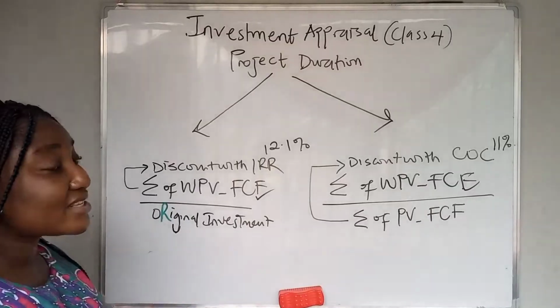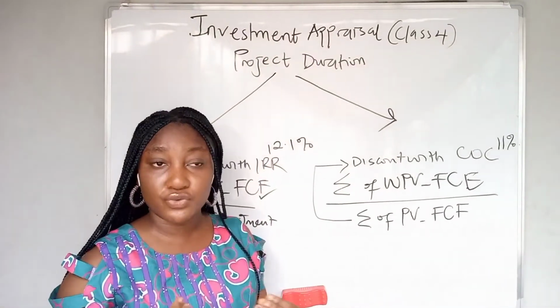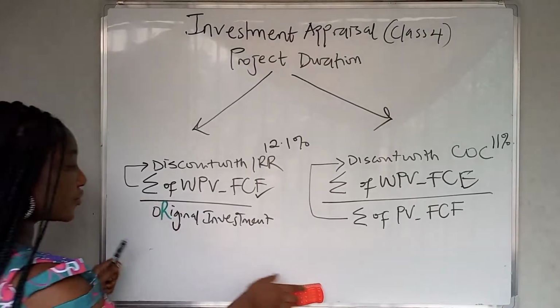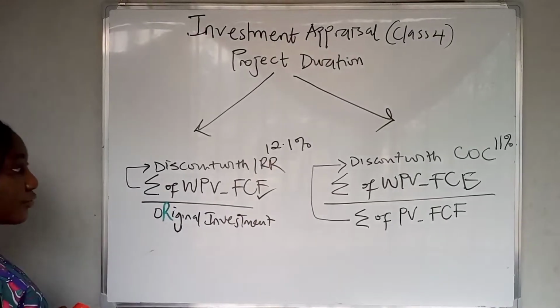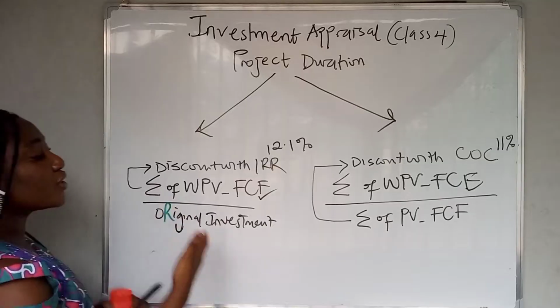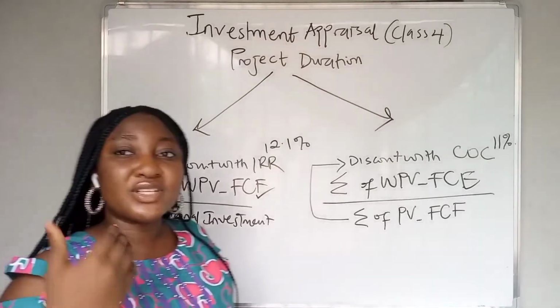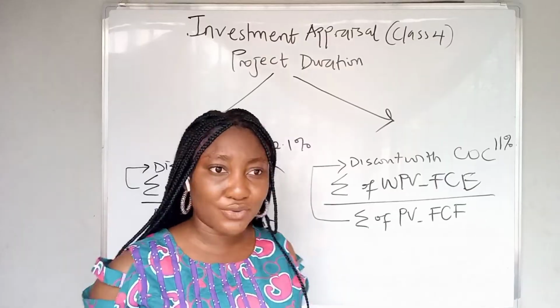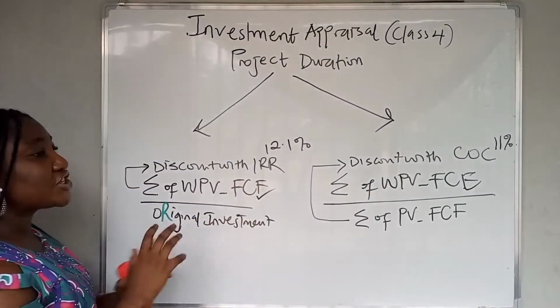The summary of what I'm saying is that whenever you're asked to calculate project duration, there are always two approaches. The first approach is the sum of weighted present values of future cash flows, or just say sum of discounted cash flows, over your original investment.